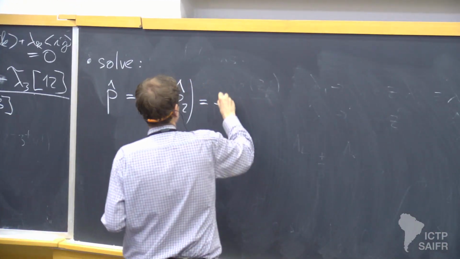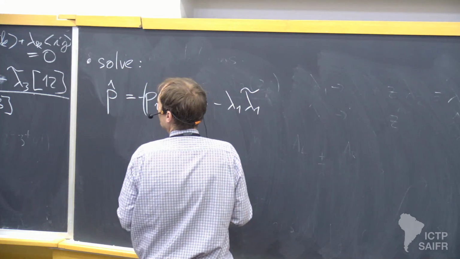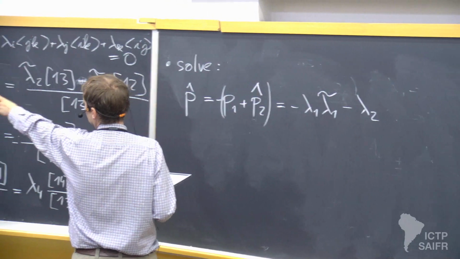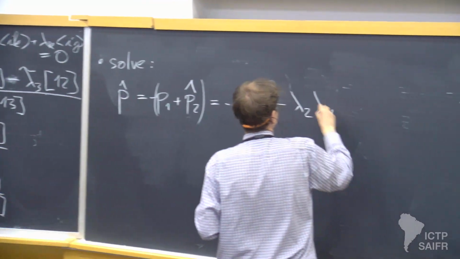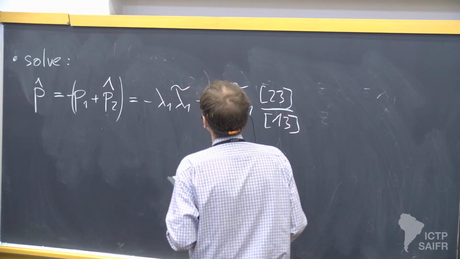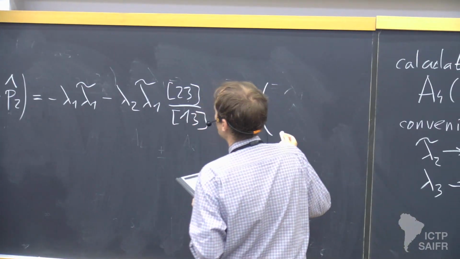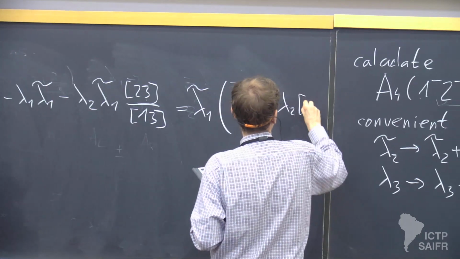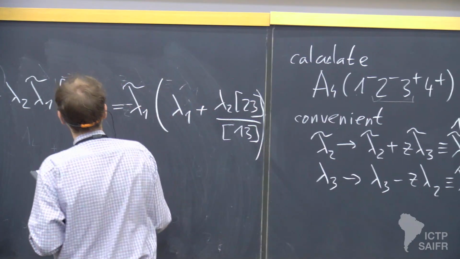So this is minus lambda 1 tilde from P1, and P2 hat is lambda 2, and lambda 2 tilde hat was this, lambda 1 tilde 2 3 over 1 3. So the lambda 1 tilde factors out, and we get lambda 1 plus lambda 2 2 3 over 1 3. And there is some minus sign overall.